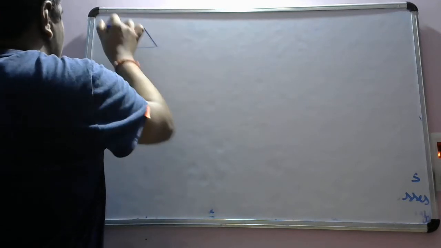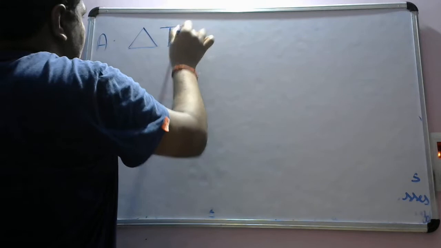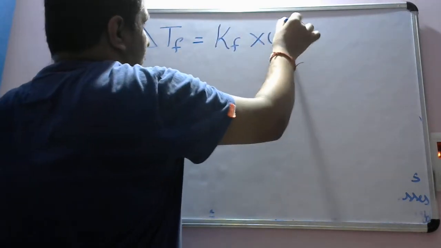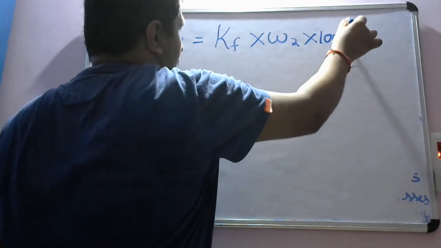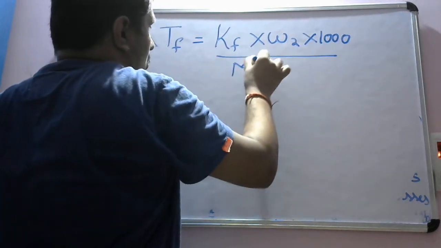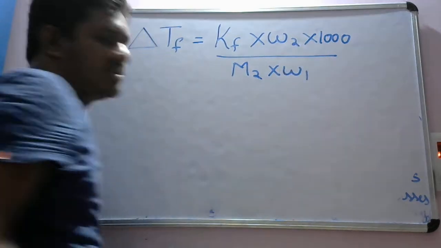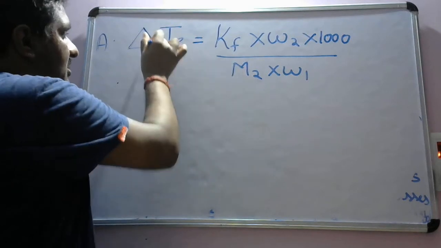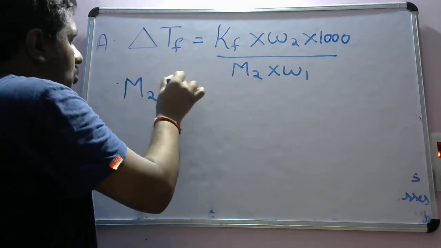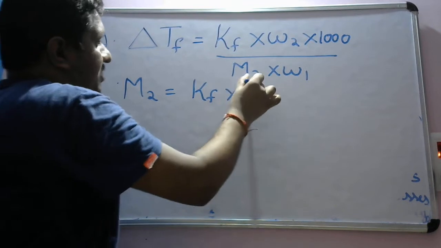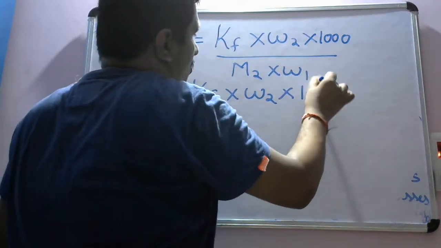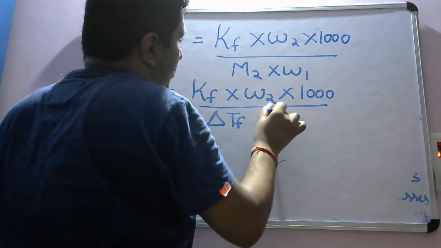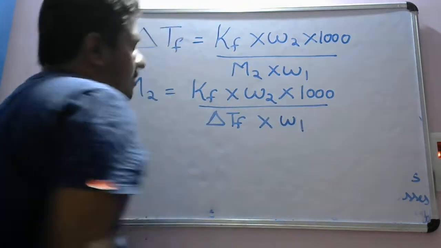The formula is delta Tf equals Kf into W2 into 1000 by M2 into W1. From this we can deduce, bringing M2 to this side and delta Tf to that side, M2 equals Kf into W2 into 1000 by delta Tf into W1.